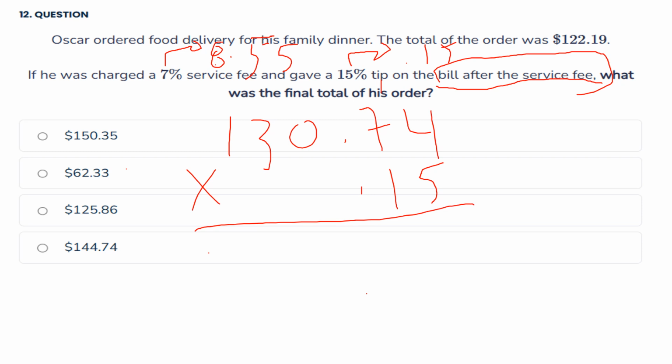All right, so we know that 5 times 4 is 20. We carry the 2. 5 times 7 is 35, plus 2 is 37. 5 times 0 is 0, plus 3, 3. 5 times 3 is 15. Carry the 1. 5 times 1 is 5, plus 1 is 6.